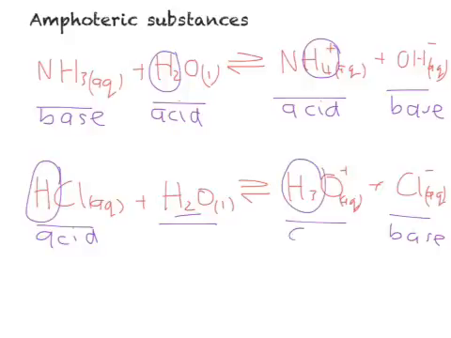So therefore this is the acid on the right hand side, and therefore it is acting as a base. At this point now you should be able to identify acid and base pairs in acid-base equilibria reactions.